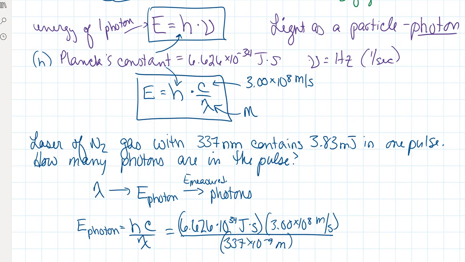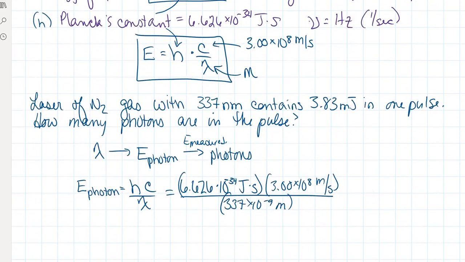So let's take a look at what this looks like when we do our math. 6.626 e to the negative 34th. It's a negative there, that's going to be important. Times 3 times 10 to the 8th divided by 337 times 10 to the negative 9th.